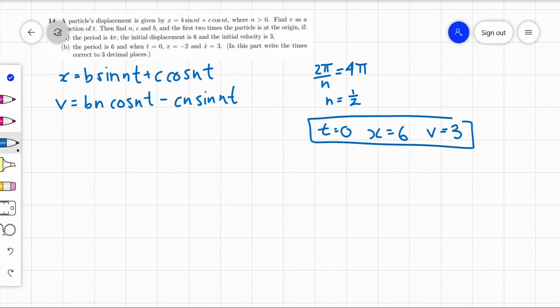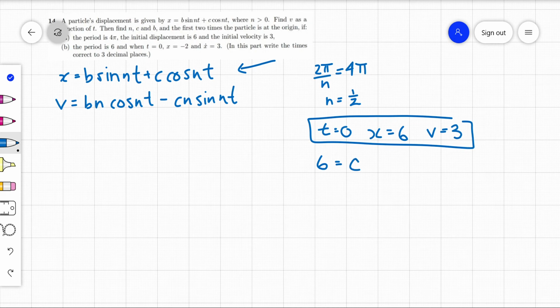So let's use that in both the x and the v equation. If x is 6, when t is 0, we know sine 0 is 0 and cos 0 is 1. So we're only going to get the c. So 6 must be c from that one.